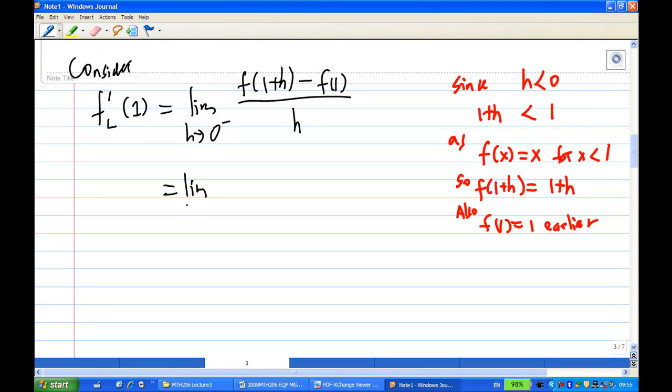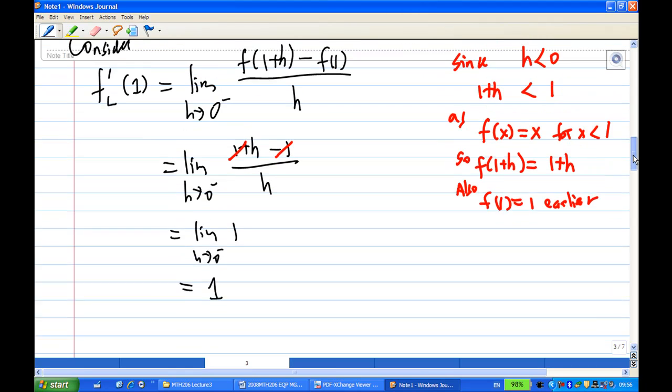This is equal to the limit as h goes to 0 minus of 1 plus h minus 1 over h, and 1 and minus 1 cancel each other. So this is h over h, and the limit of h over h is 1. So the limit from the left, the derivative from the left, is 1.